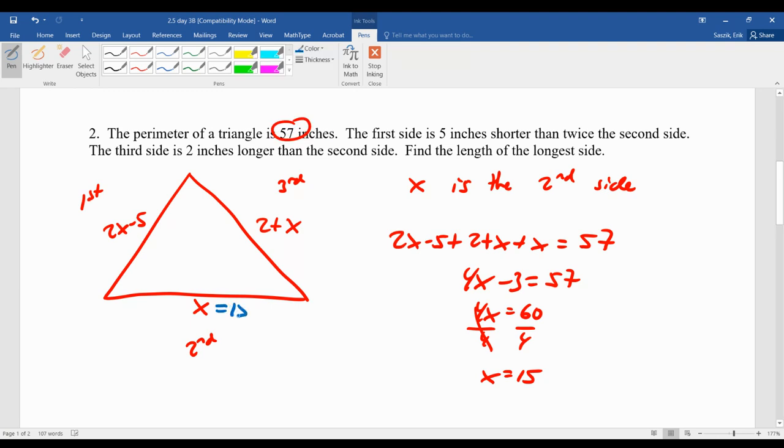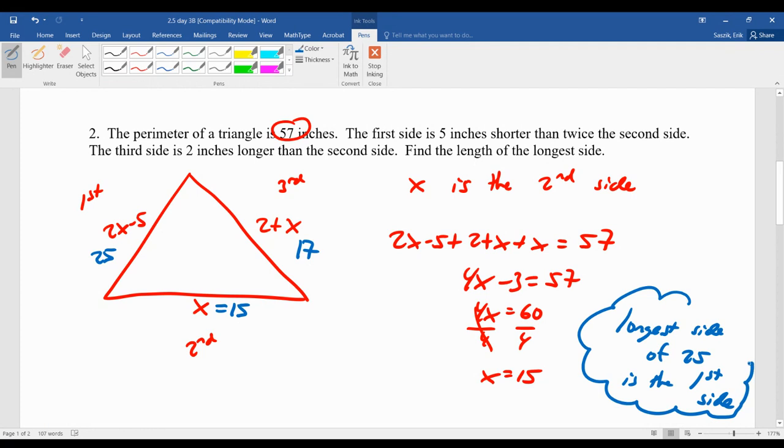So this side would actually be 15. This side, of course, would be 17. And if I plug 15 in here, 2 times 15 is 30. 30 minus 5 is 25. So the longest side of 25 is the first side. There we go.